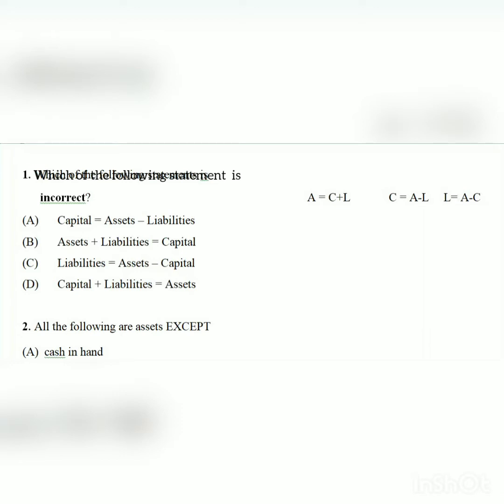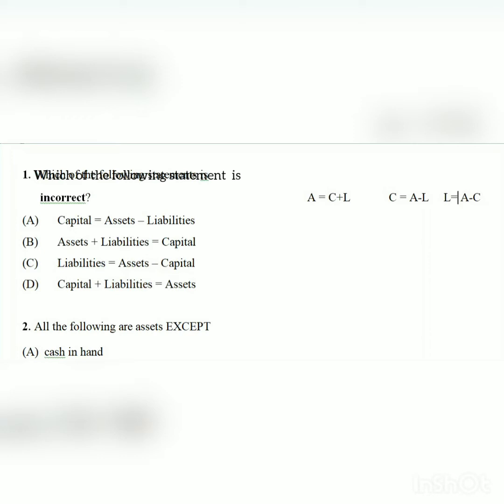Let's look at option C before we actually select the correct response. Option C, liabilities is equal to assets minus capital. If we go here, we realize that liabilities is actually equal to assets minus capital. Final option, capital plus liabilities equal assets.